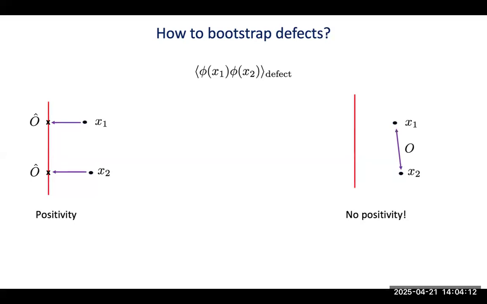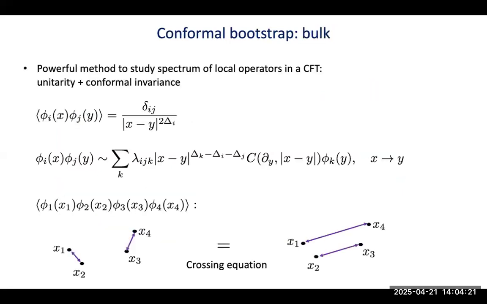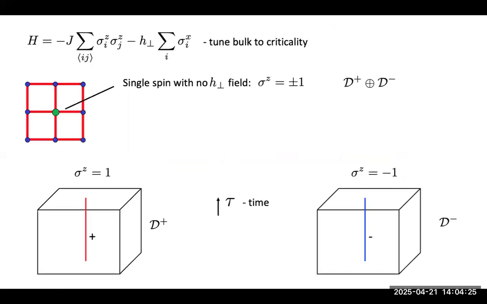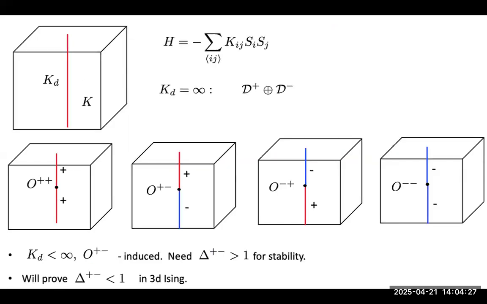But before trying bootstrap, you may try perturbation theory. For this pinning field defect, there is a very nice epsilon expansion that you can start with in 4 dimensions. There, turning on sigma on the line is marginal. You go to 4 minus epsilon, it becomes slightly relevant.